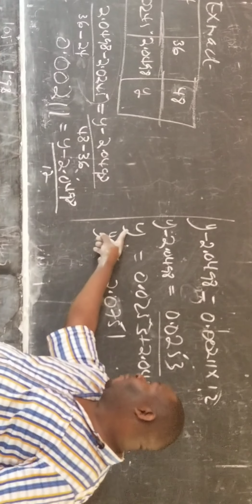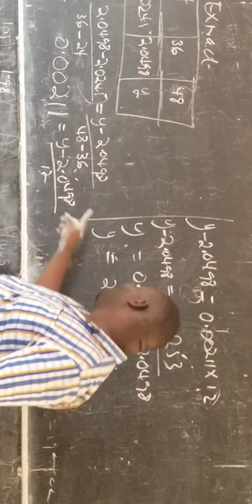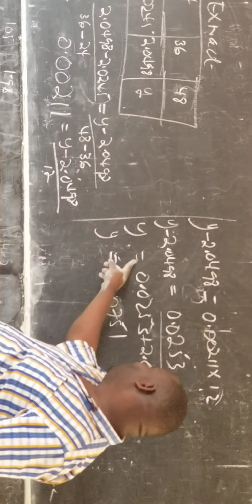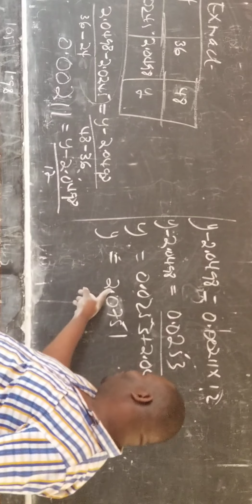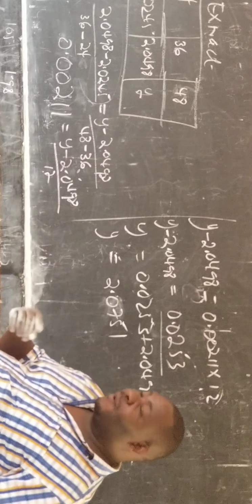So when we make y the subject, because we're interested in the value of y here, it gives us 2.0751 when we use our calculators.